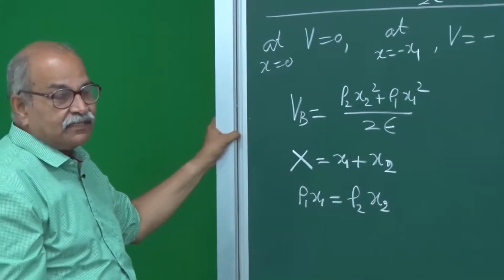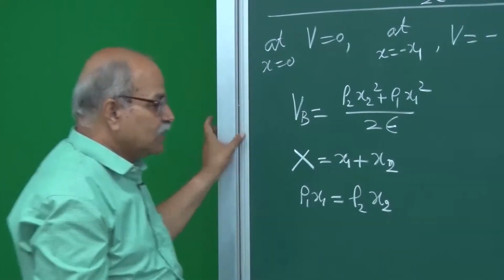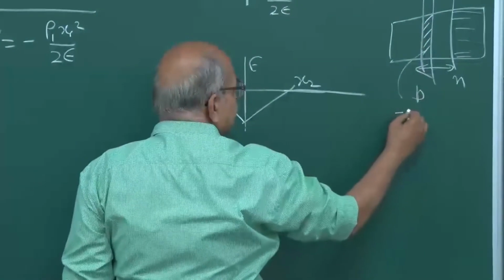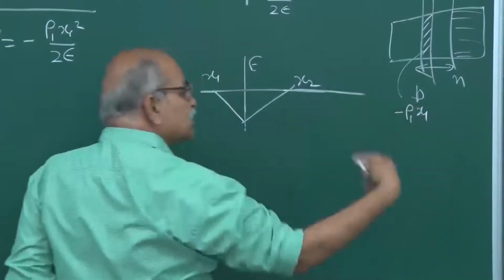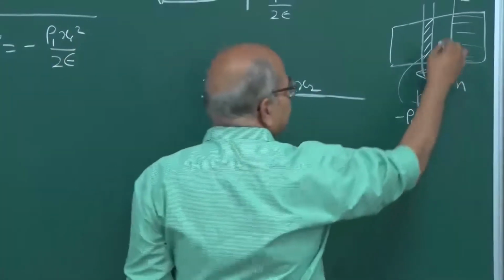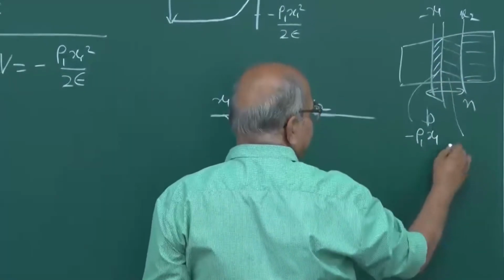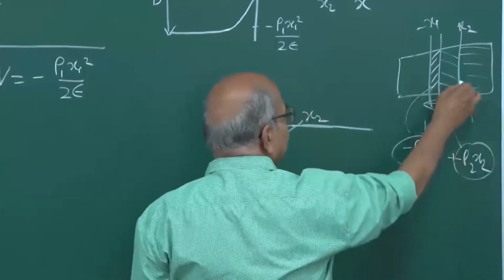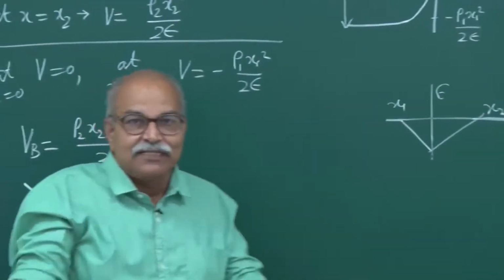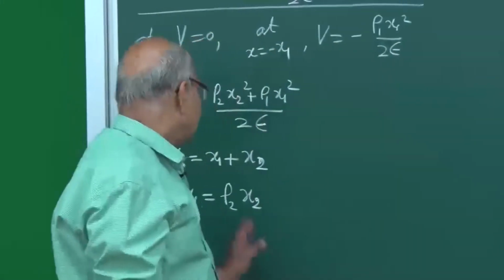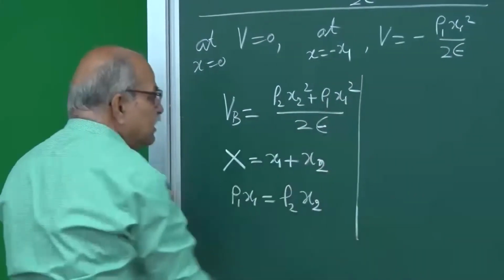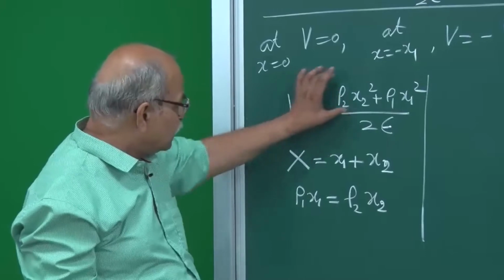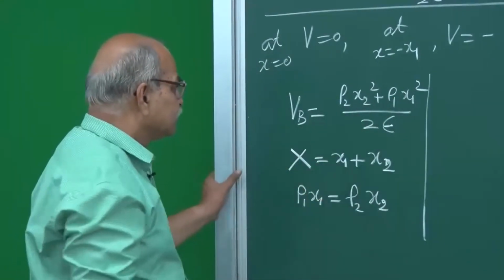Right? Charge neutrality, rho 1 x1 should be equal to rho 2 x2 because the charge here is minus rho 1 times x1 times the area of cross section, and the charge here will be similarly plus rho 2 x2. And since this total should be 0, after all we have not put any charge in this material, so this relation holds.